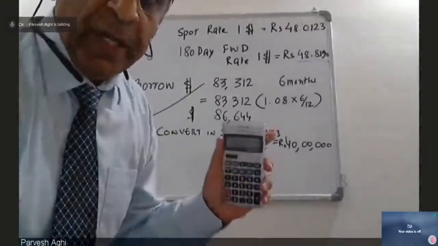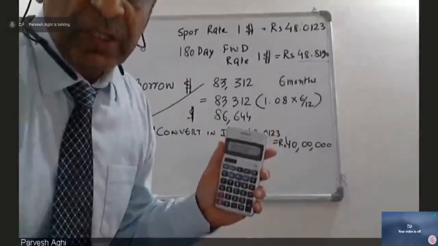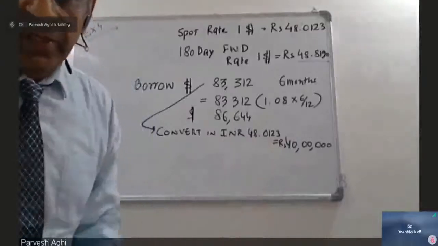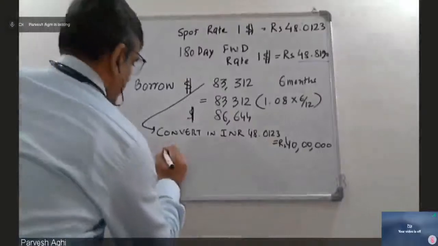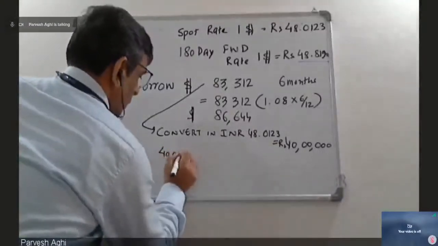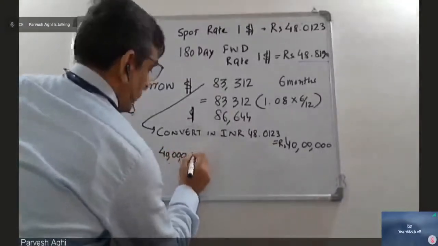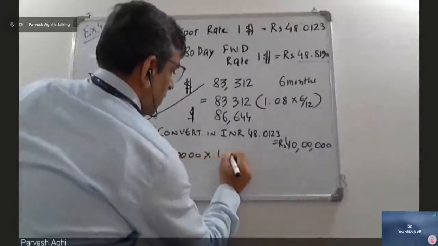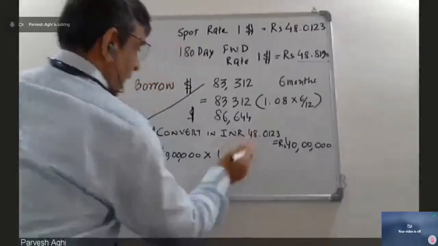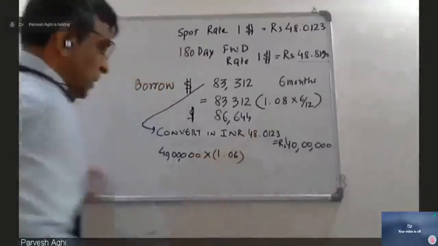So 12% is for 1 year, and I am going to put it for 6 months. Which means I am going to earn on 40 lakh rupees, multiplied by 1.06, for half a year.